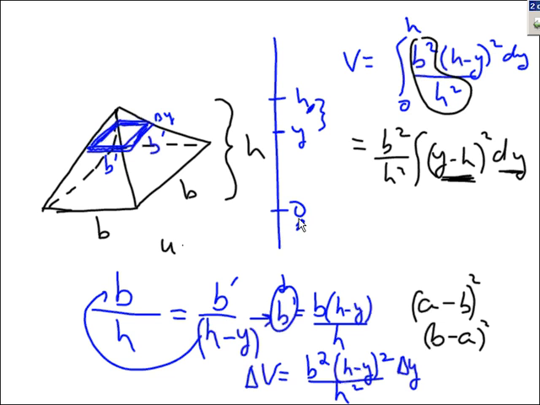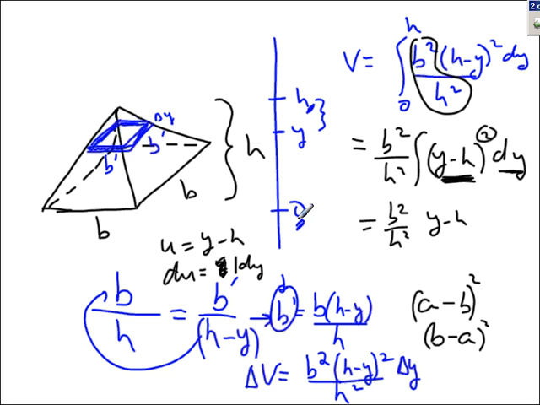If I let u be y minus h, then du would be 1 dy, so du would be dy. So we have u squared du. And remember, that's u, so what I get is u cubed over 3, and this goes from 0 to h.